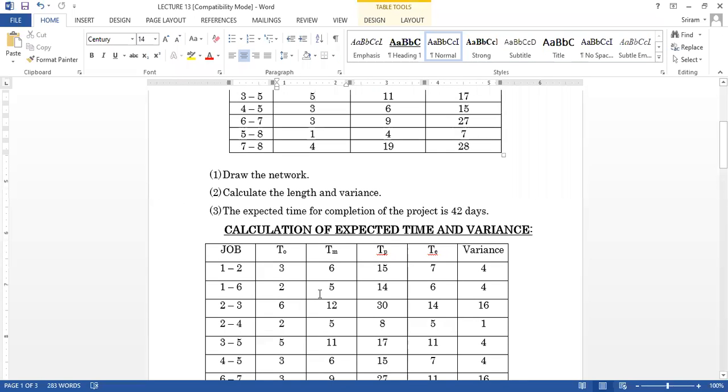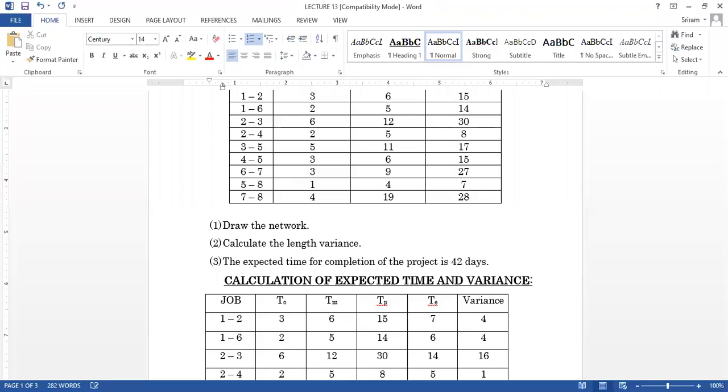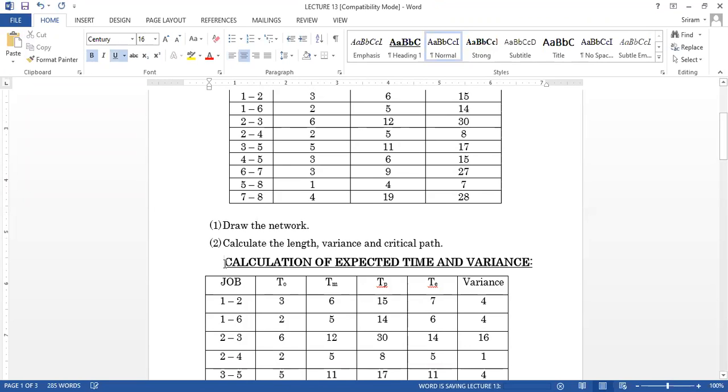Now the question is: draw the network, and calculate the length, variance and critical path. Let me delete the last one because online you may find it difficult.